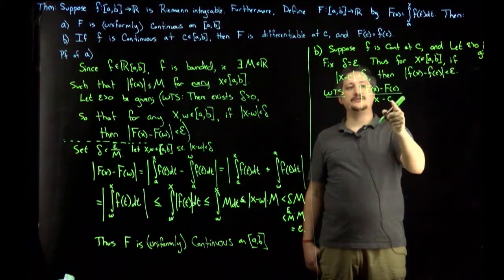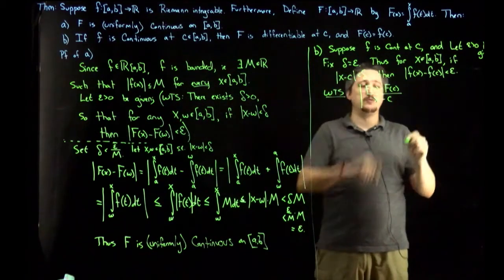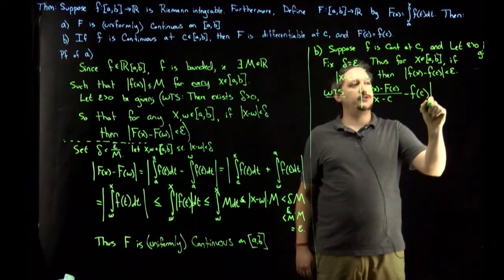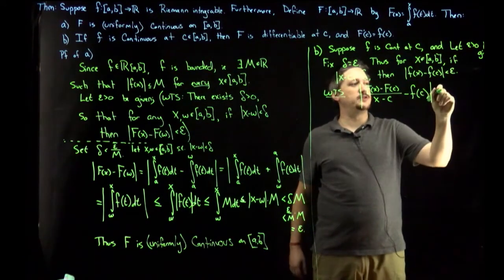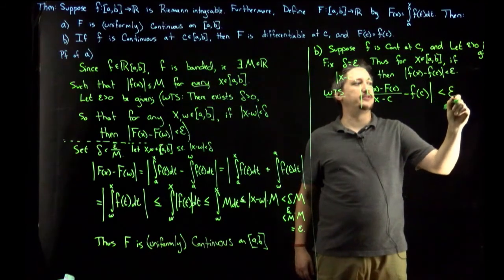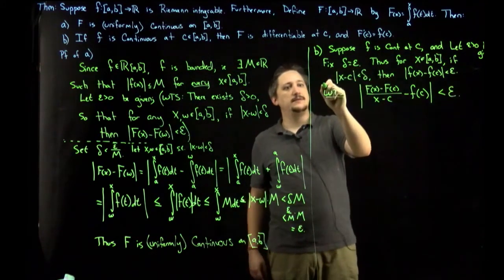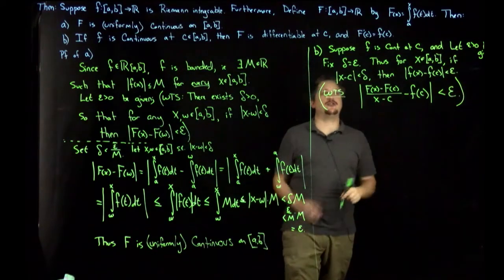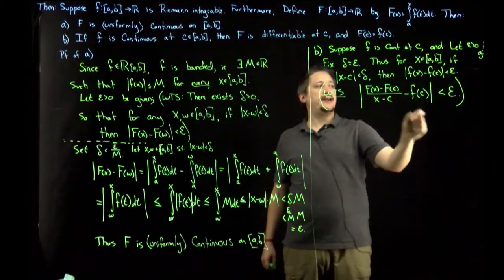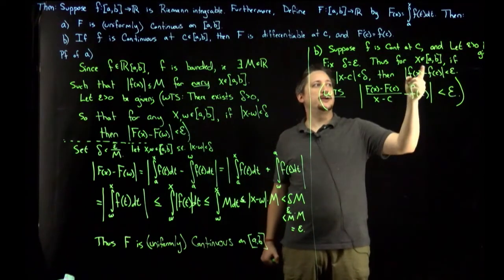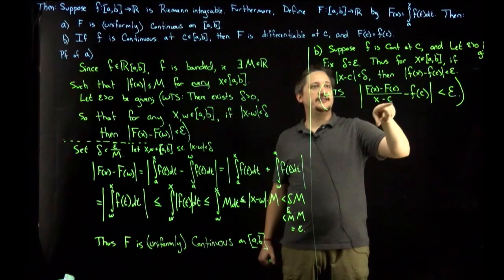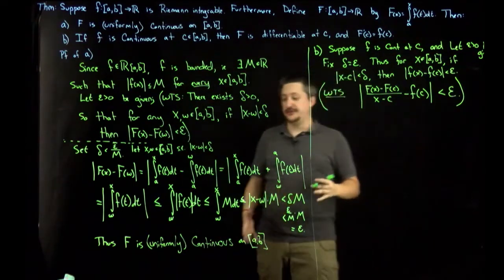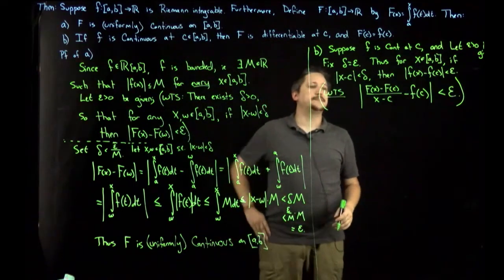And moreover, we want that it equals f of c. So in particular, in the limiting sense, we want to show that this thing is less than epsilon. Again, this is a parenthetical, meaning this is what I want to have happen. I want to show that I can do this minus that and get something less than epsilon when x and c are within delta. And I've claimed that delta equals epsilon is the delta that will do this, okay?